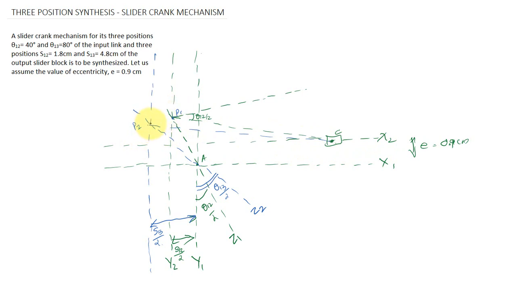So this angle is equal to theta 13 by 2. Okay, so this is your M2 and this line is M1. So I am extending this line a little bit more.